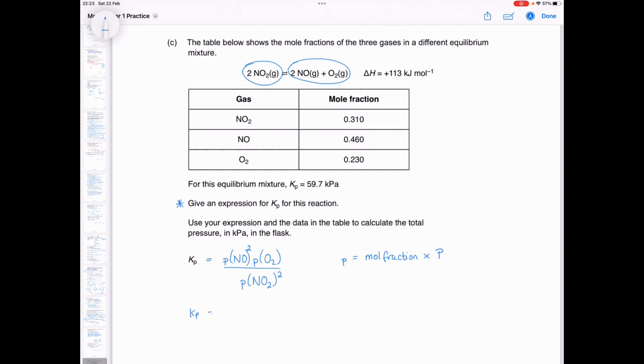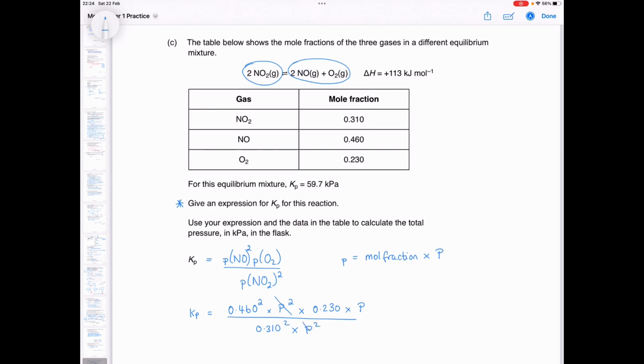So we can rewrite this expression as the mole fraction of NO squared times big P squared, multiplied by the mole fraction of oxygen, which is 0.230, times big P, divided by the mole fraction of NO2 squared times big P squared.